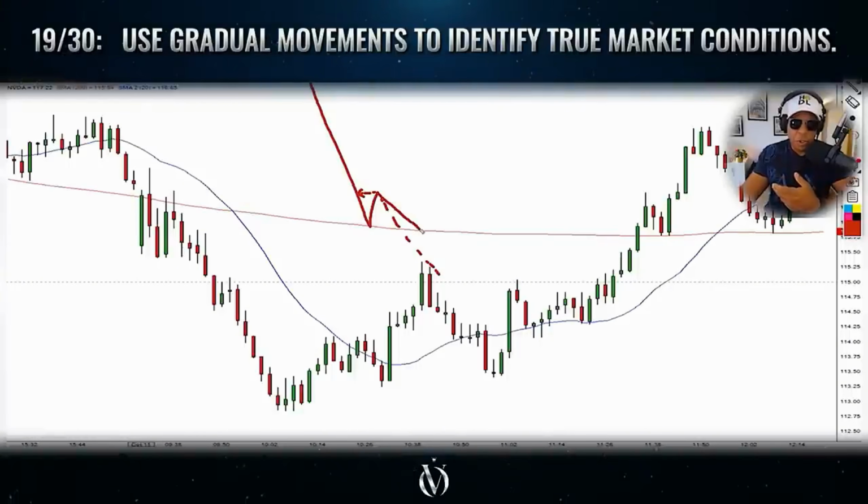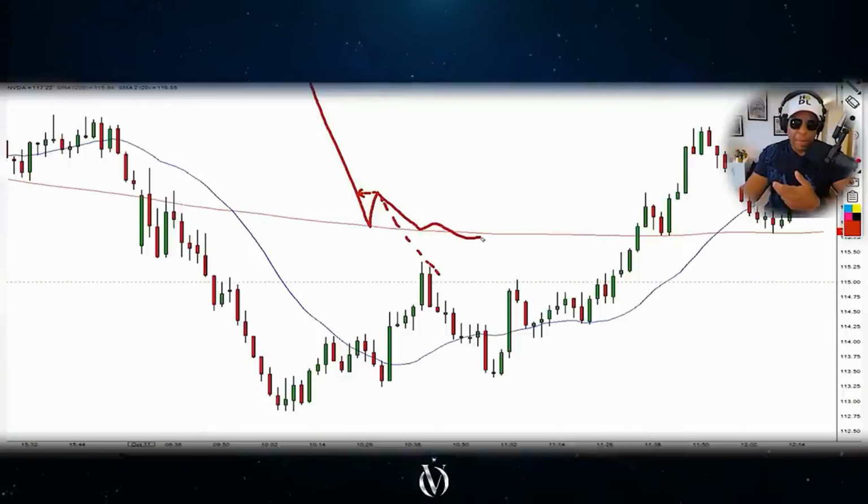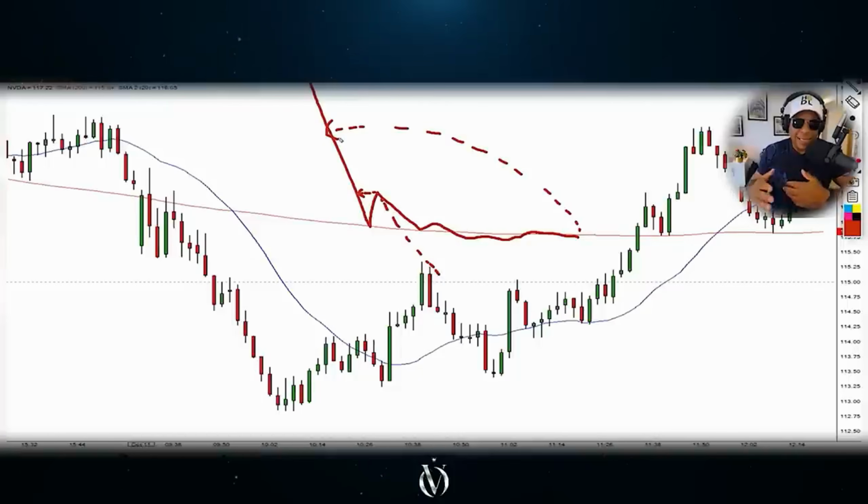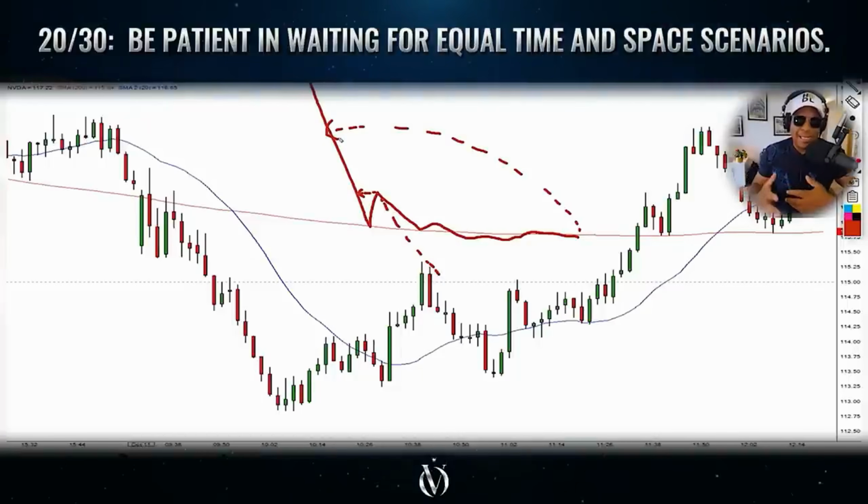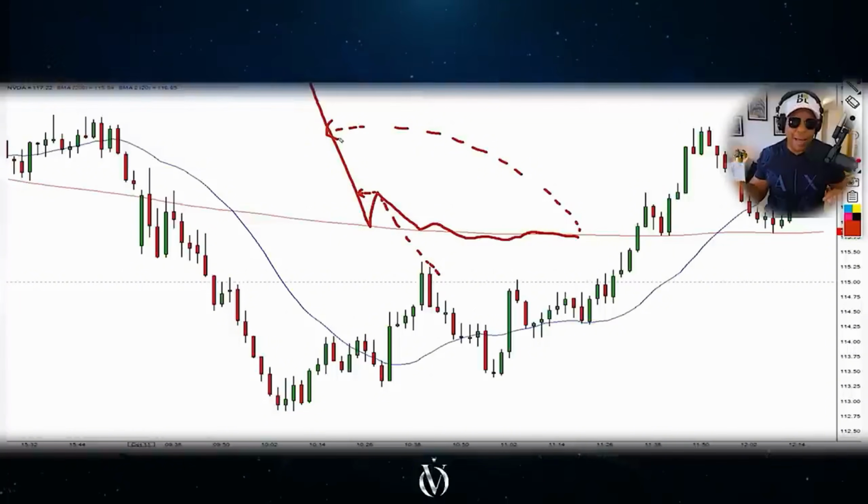But if you were to drift away from that pain, now the pain is way over here. The stock has had time to distance itself from that painful occurrence, that sharp, violent drop.